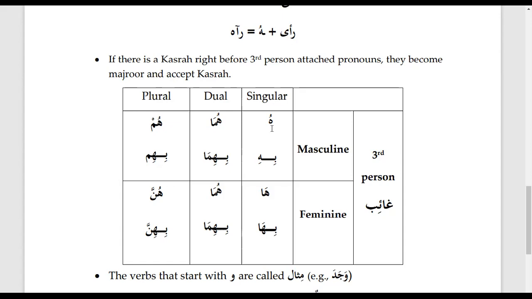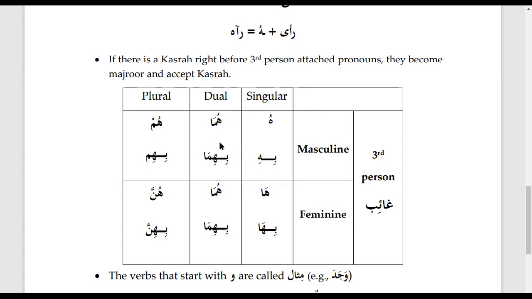For example, if we say his house, how will we say? Baytuhu, right? But if I want to say in his house, I will say fi bayti he. Excellent. So whenever we have kasra right before the third person attached pronouns, they become majroor and accept kasra. For example, hu changes into hi. So we can see here bihi.